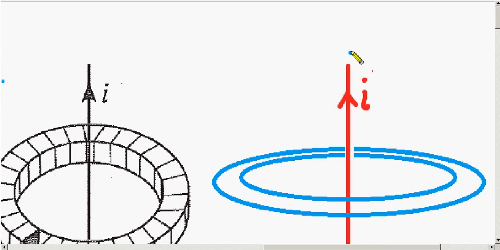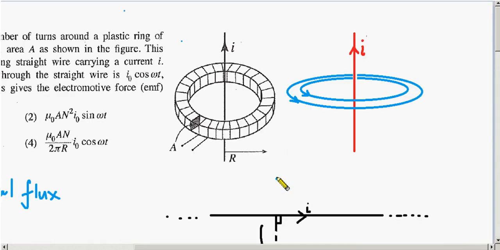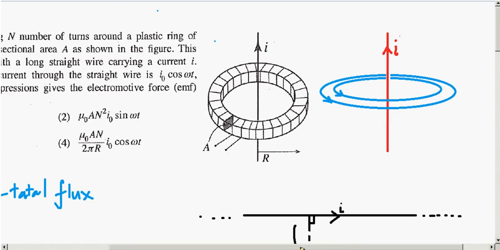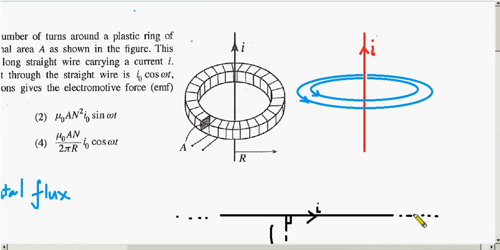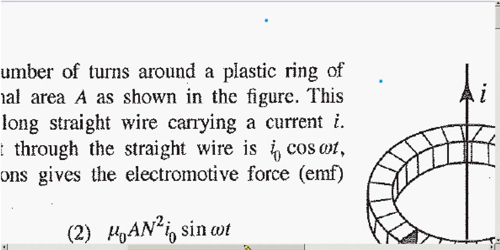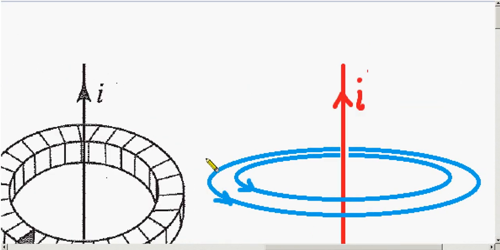So the current is this way, the flux is this way. That doesn't matter, it doesn't influence the answer. Somehow you might get questions in future exams, that's why I paid attention to that. So the coil is like this.